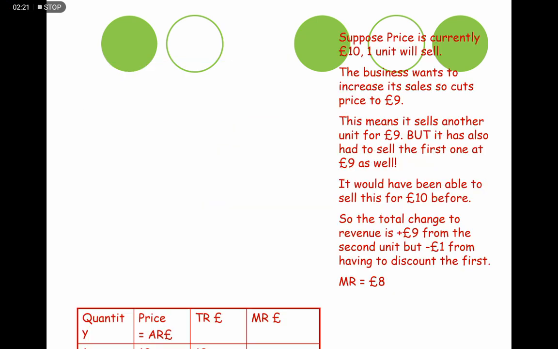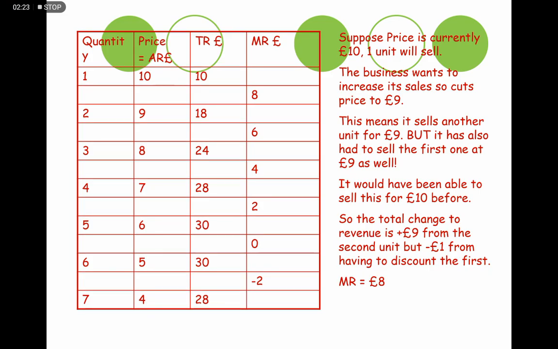Okay. So let's imagine that the price starts off at £10. I've got one customer at £10, so I will sell one customer's product. One product times £10 gives me a total revenue of 10. However, that's not enough, so I lower the price to £9. Now what that means is the first customer who was willing to pay me £10 to start off with doesn't have to do that anymore, because it's £9, so they would pay £9 even though they were willing to pay 10 originally.